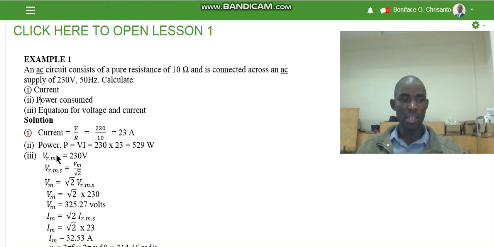We move to the third question, whereby we are expected to get the instantaneous values. In fact, the question should have been: find the instantaneous values of voltage and current. If you are asked to get the instantaneous values, or sometimes the equation for voltage and current, this is the procedure that you need to take.